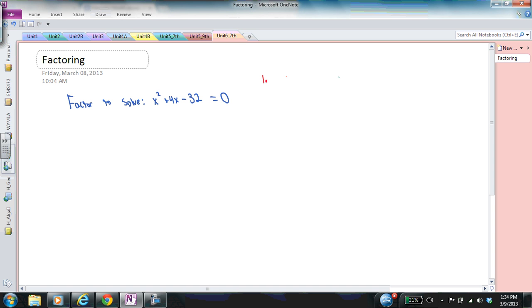So when you're solving by factoring, the first step is to set the quadratic equation in standard form equal to 0. So in this example, that's already been done for us.